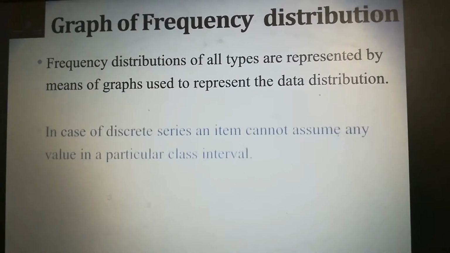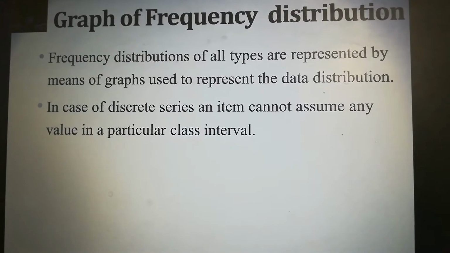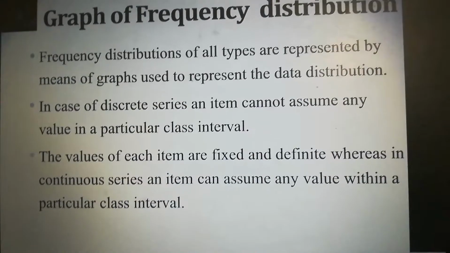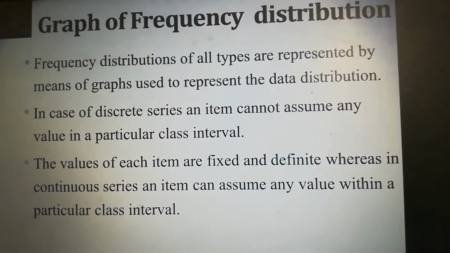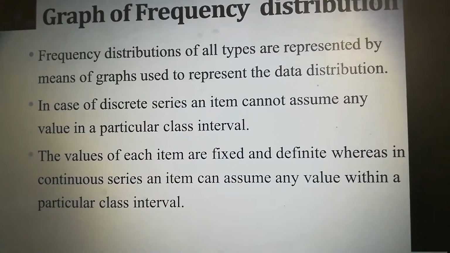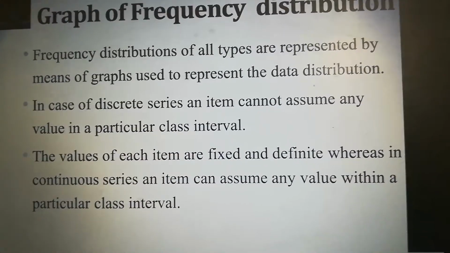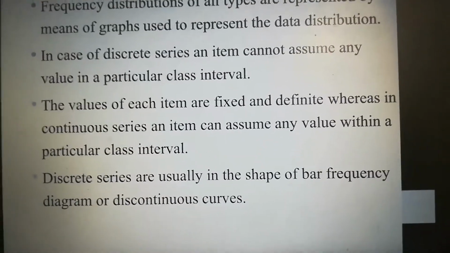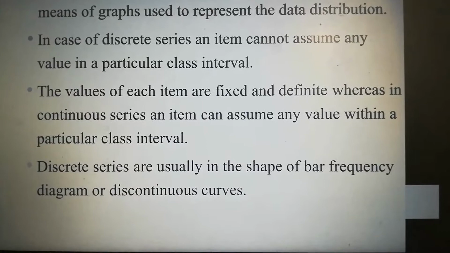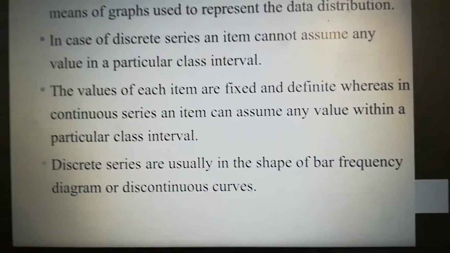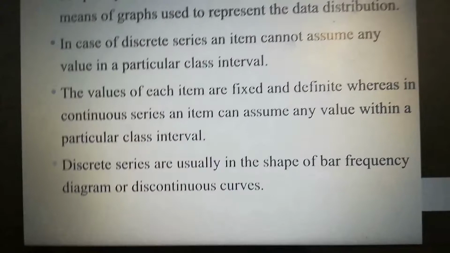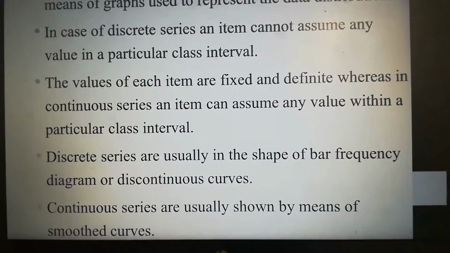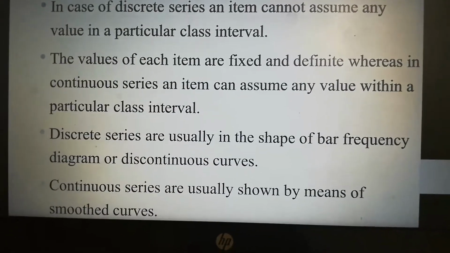A discrete series is one in which an item cannot assume any value within a class interval, and the value of each item is fixed and defined, whereas a continuous series is one in which an item can assume any value within that particular class interval. Discrete series are usually in the shape of bar frequency, as we discussed in the previous class, whereas continuous series are usually shown by means of a smooth curve.